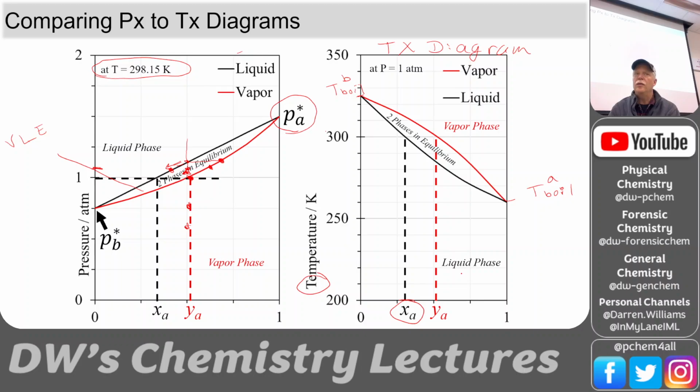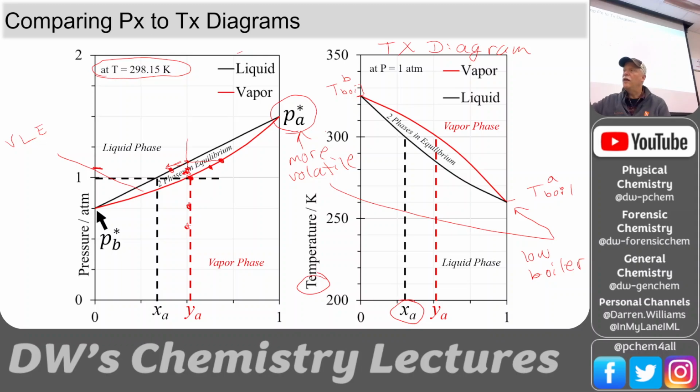Pure A, you've got a boiling point. Pure B, we've got a boiling point. Now these are the same substances. So notice A is more volatile, and so it is a lower boiler. That makes sense too, right? The lower boiling point is going to have the higher vapor pressure. A normal boiling point is when that vapor pressure equals 1 atmosphere.